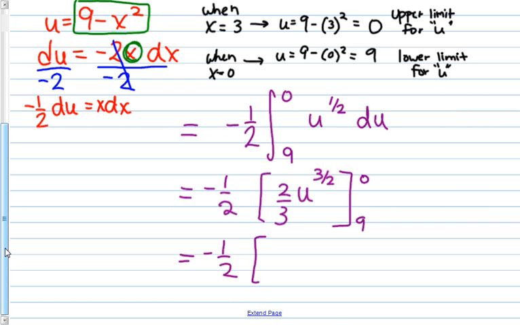All right, plug in 0. So 0 to the 3/2 power is 0 times 2/3 is still 0. Minus, and then I'm going to go ahead and plug in the 9. And so, 2/3, and then 9. The top part means cubed, but the bottom part means square root. So I'm going to do square root of 9 cubed.